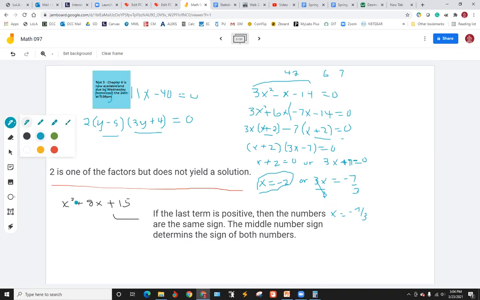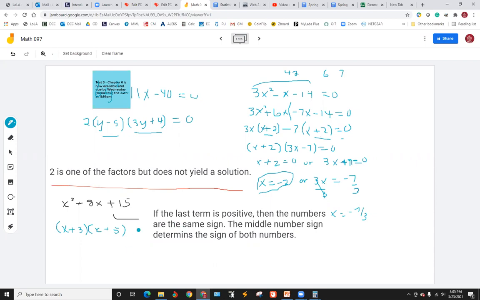In this case, it's going to be x plus, because that middle number is positive, so they're both going to be x plus. So that's 3 and 5. That's the only ones that multiply out to 15 and then add up to 8.